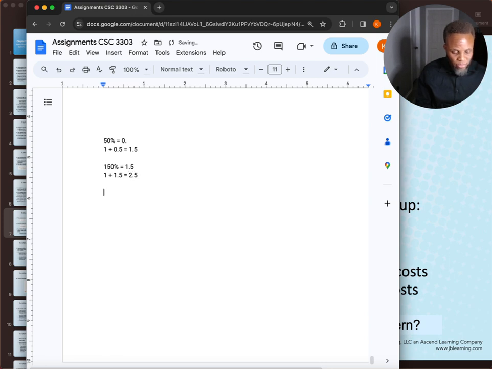Let's do another one. A 350% increase will be reflected as 3.5. Therefore, a 350% increase over existing speed will be reflected as 1 plus 3.5, which is equal to 4.5. And this becomes your K factor.